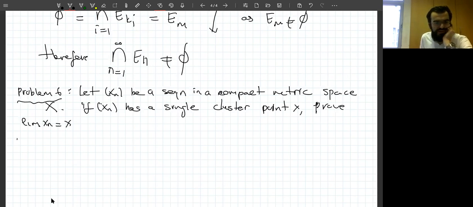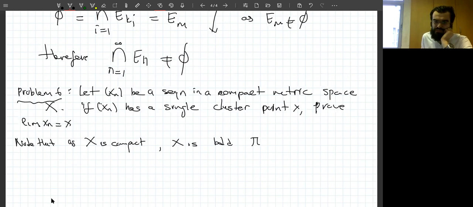First, note that as X is compact, X is bounded. Therefore, x_n is a bounded sequence.